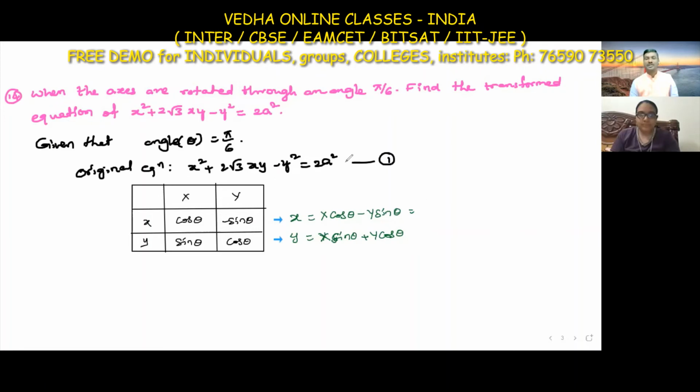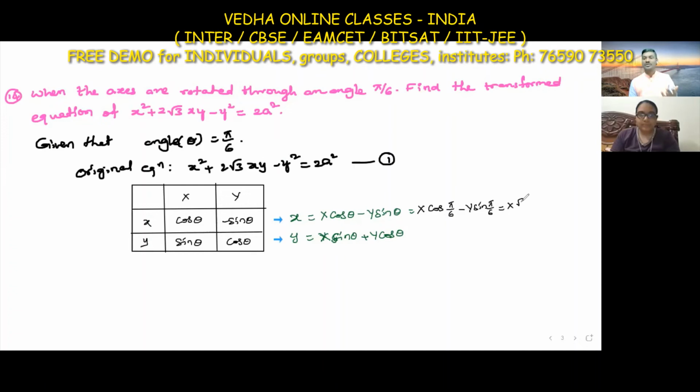Substituting the theta value, small x is capital X into cos pi by 6 minus capital Y into sin pi by 6. What is cos pi by 6? Cos 30 degrees, which is root 3 by 2.